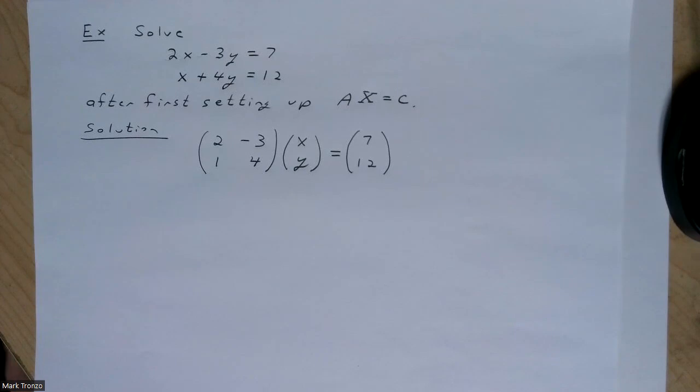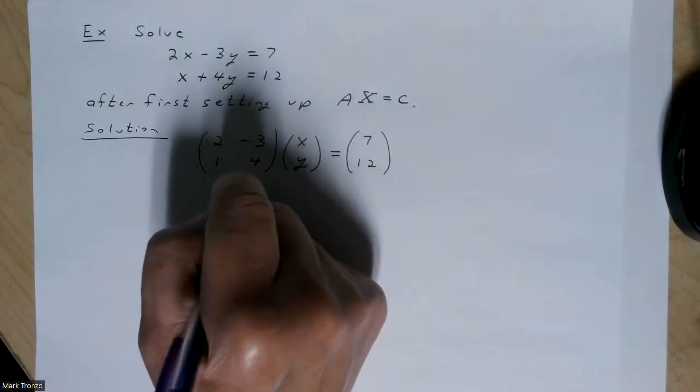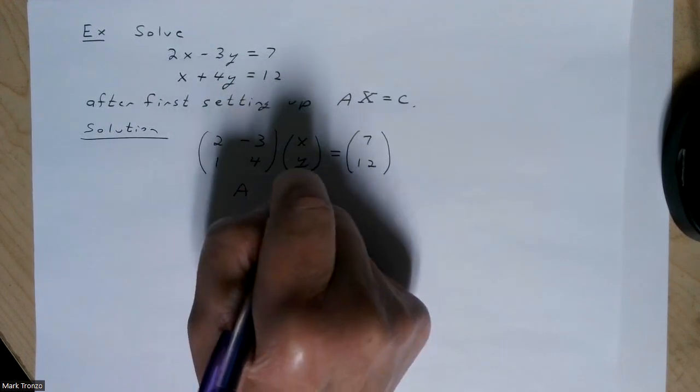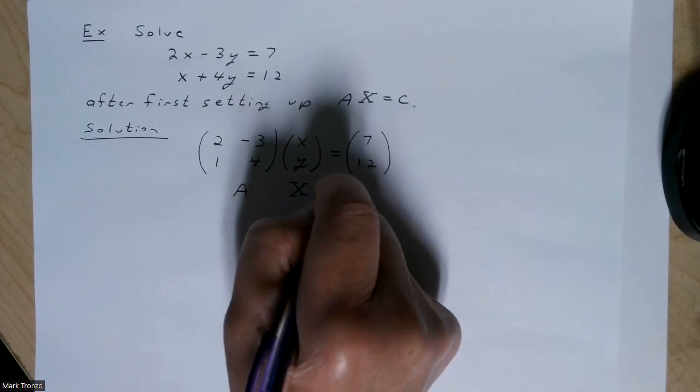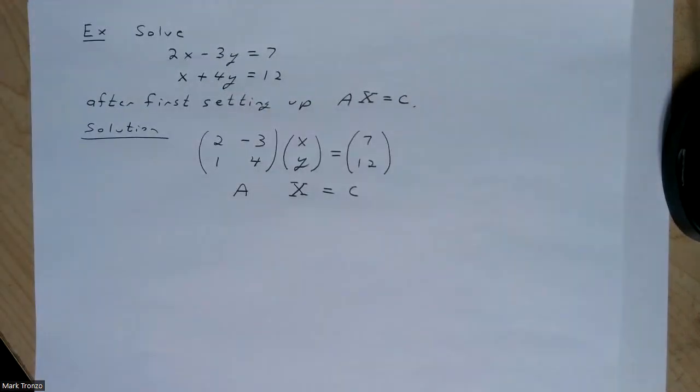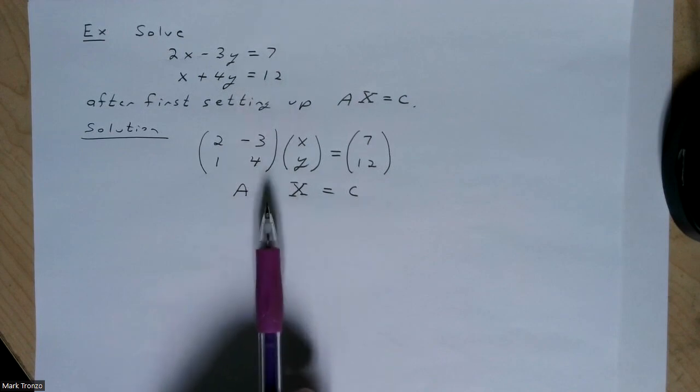Just writing it the way we did previously. And remember, this is A, this is our capital X, this is C. So much like before, we're going to need to solve this.